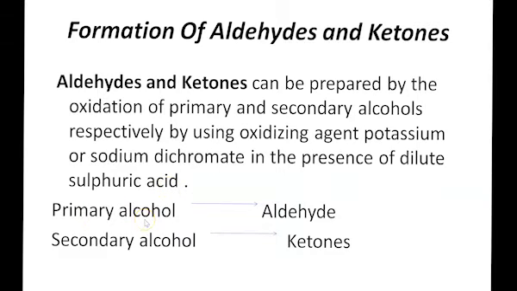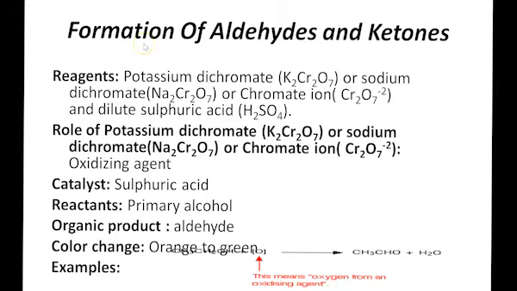Primary alcohols on oxidation produce aldehydes, and secondary alcohols on oxidation produce ketones. Reagents required are potassium dichromate or sodium dichromate, or chromate ions, and dilute sulfuric acid.